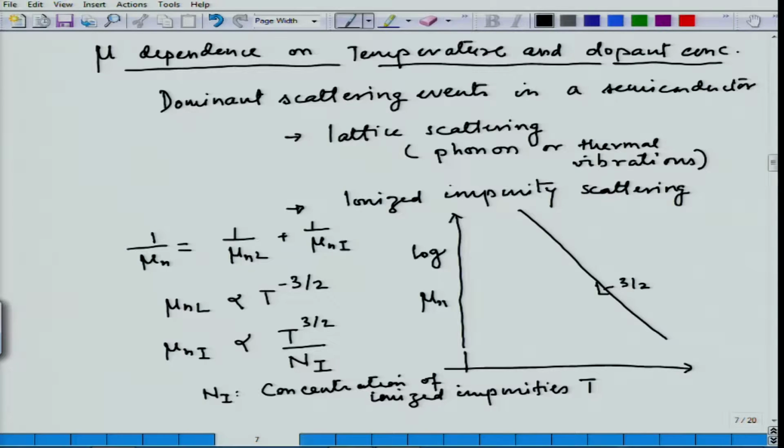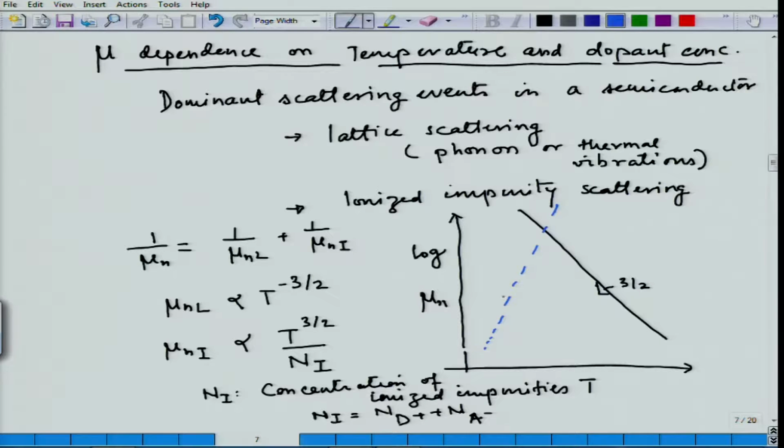Since in semiconductors it will be the acceptors and donors which dominate the type of impurities, one can say that Ni is the donors which are ionized plus the acceptors which are ionized. So, this is the ionized concentration, and this dependence, if we plot it, turns out to be something like this.